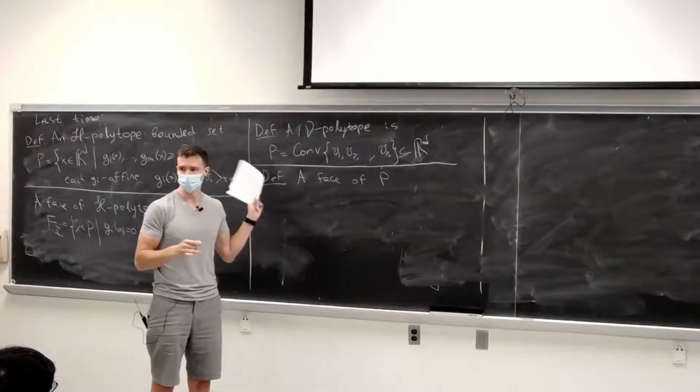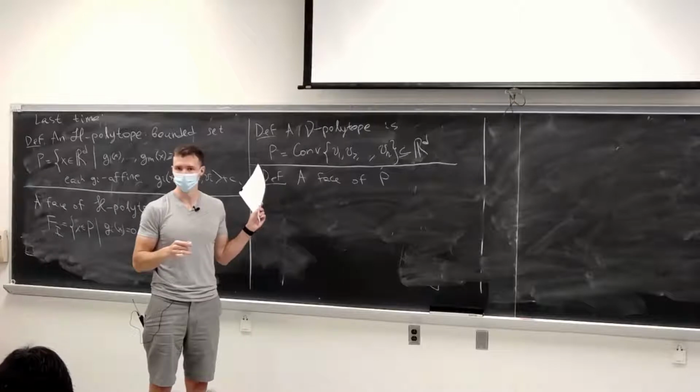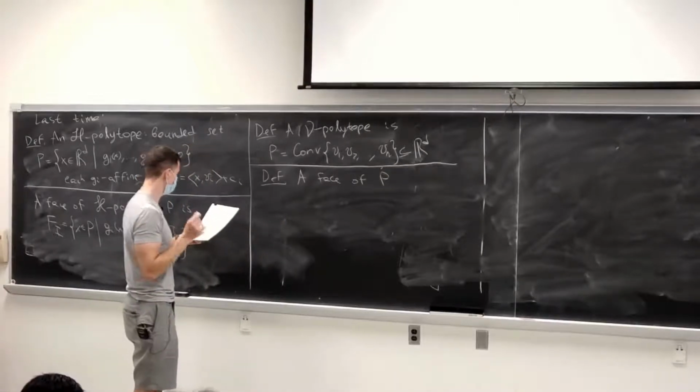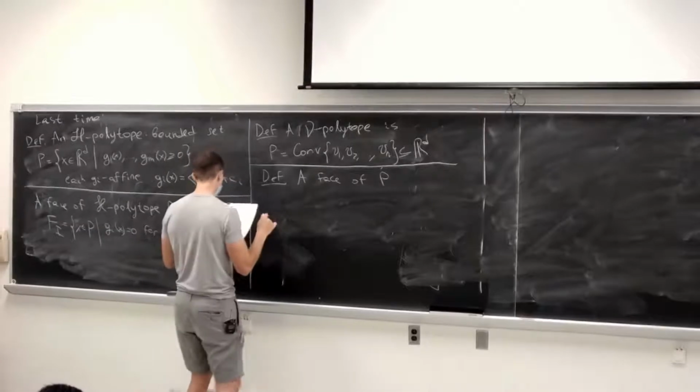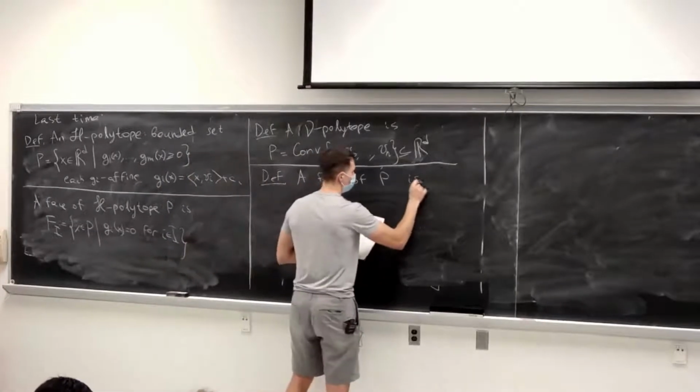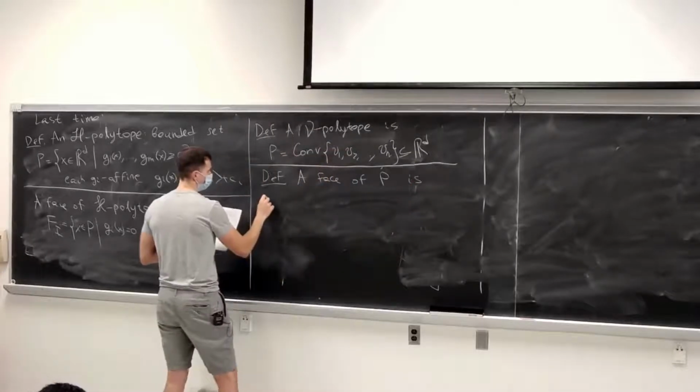Any questions so far on the previous? All right. So a face of a V polytope, or of any polytope actually, is a set of the following form.